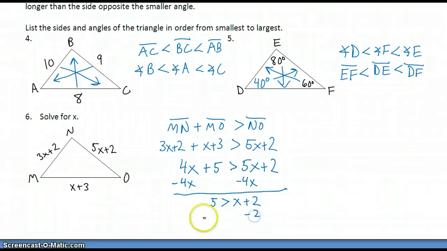Subtract 2 from both sides, and I end up with 3 greater than x. But I always want to have my x on the left side, so I'm going to flip this around and compare x to 3. 3 had to be greater than x. When I flip it around, x has to be less than 3.